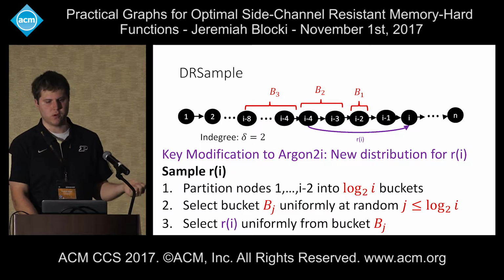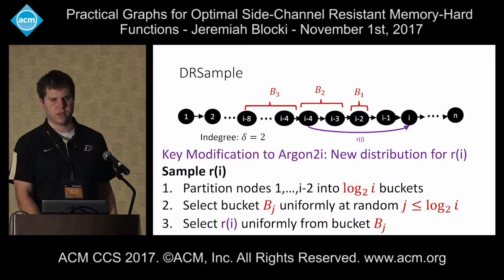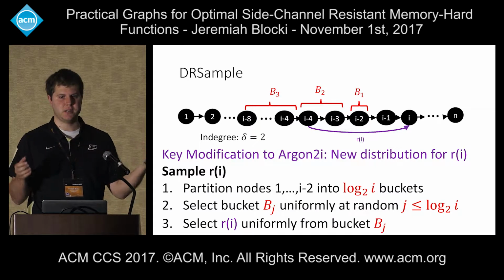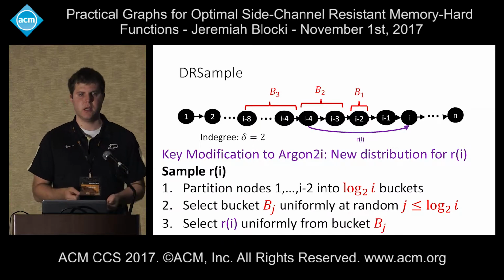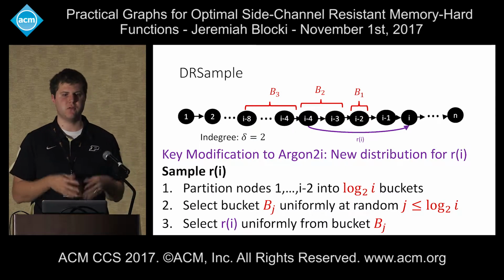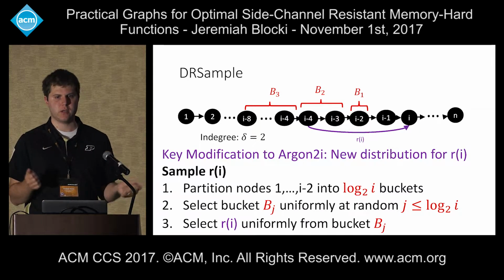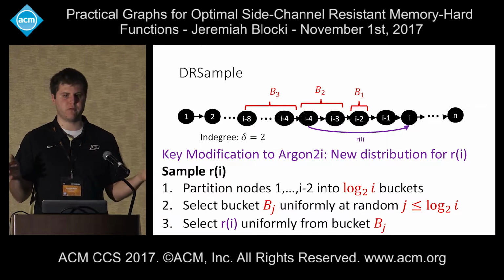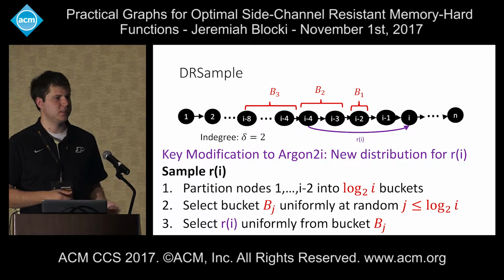We'll start with bucket 1. Bucket 2 will have twice the size. Bucket 3 will have double the size of bucket 2, et cetera. So we end up with log n buckets. Then we select one of these buckets uniformly at random, and then we pick r_i uniformly at random from the selected bucket. So it's a pretty straightforward algorithm to sample predecessor edges.